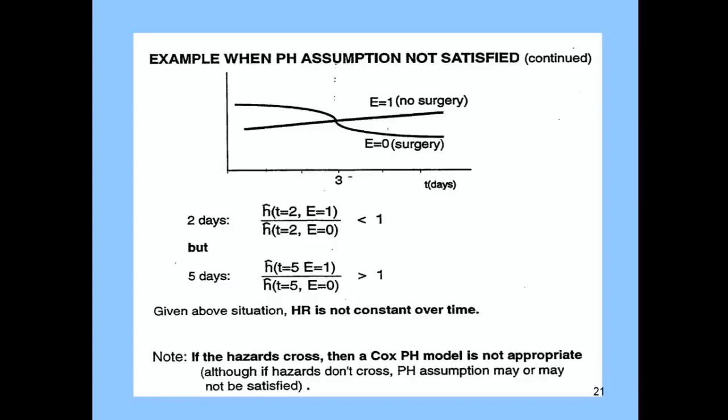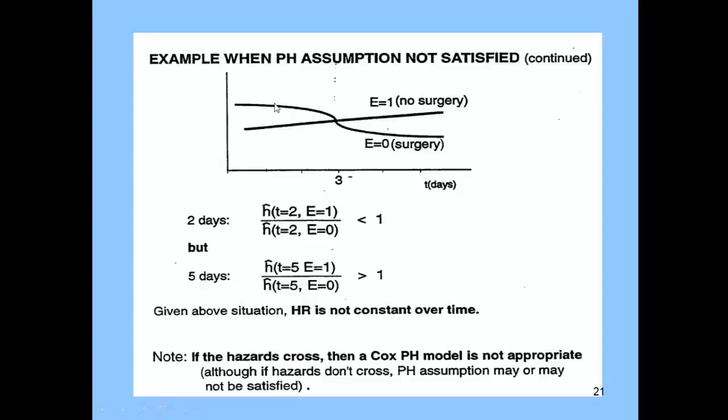Let's assume it takes 3 days to get over the surgery. At 2 days, the hazard ratio for surgery over no surgery is less than 1. Did you see that it's less than 1?